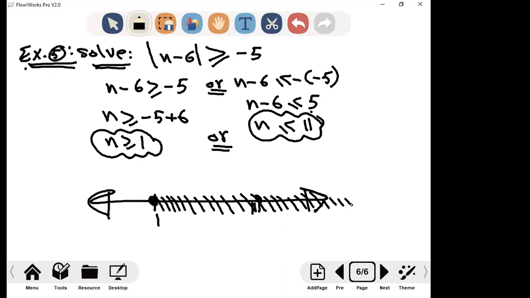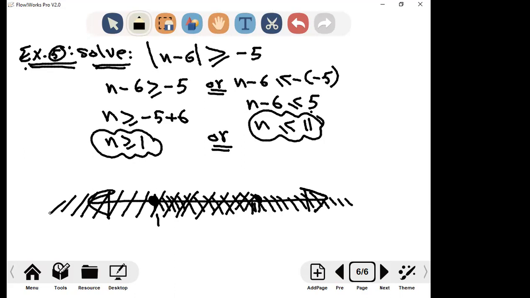And n is less than or equal to what? 11, to the left. What does this mean? Everything, not in the middle. This is not "and". This is not "and". Let's make it "and" with less than.